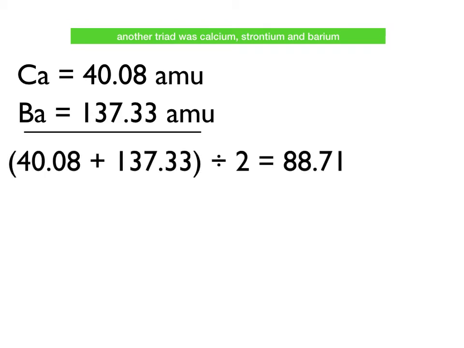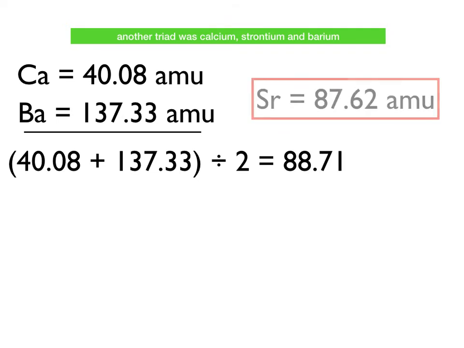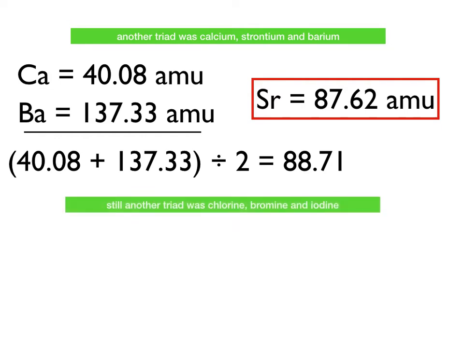Their average is 88.71, and you can see that is pretty close to the atomic mass of strontium at 87.62 AMUs. So it holds up again here, this idea of triads for the second triad. A third triad that he devised was made up of chlorine, bromine, and iodine, which showed similar kinds of results.